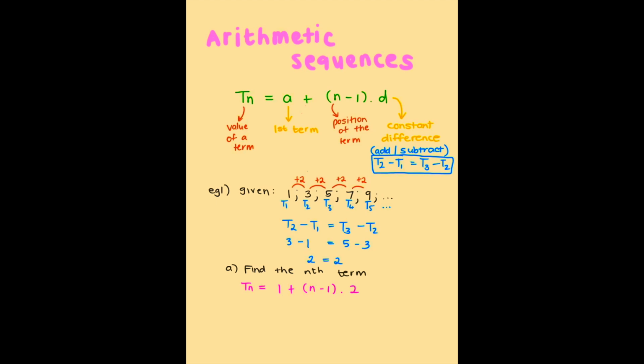All right, so you've answered the question. Isn't that easy? What some people do from this point is rewrite this, multiply out the bracket and add up like terms. So they'd leave this as 2n minus 1.